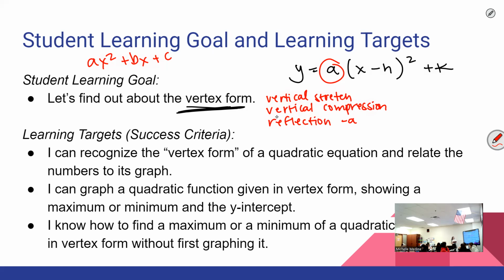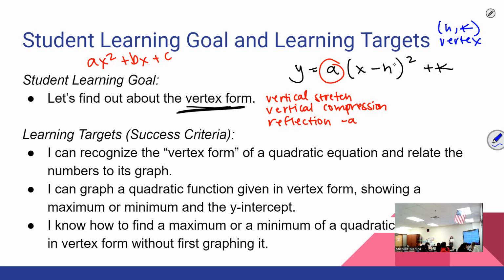Then we have the H. In vertex form, the HK pair gives the vertex. Everyone should be listening, headphones out, some of you have never learned this. All right, HK is what our vertex is.